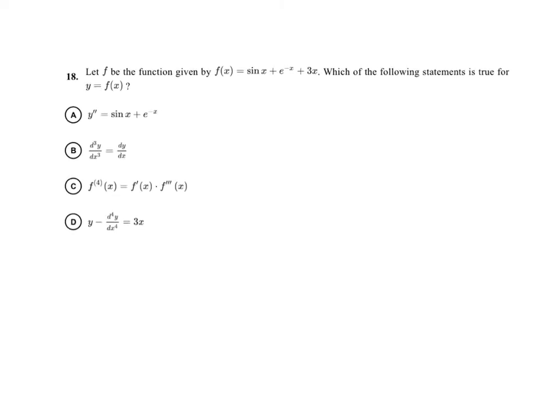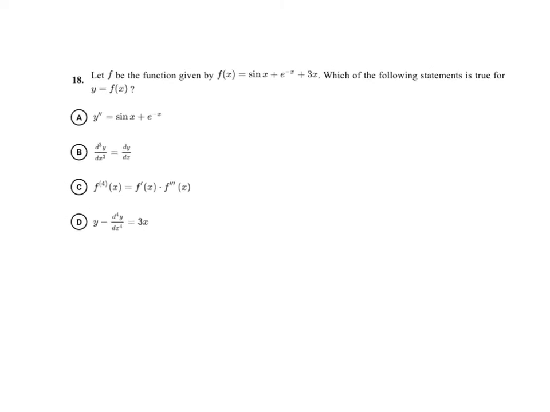Okay, last one here. Let f be the function given by that. Which of the following statements is true for y equals f of x? All right, so the answer choices. The first one just talks about the second derivative of the function. Part B is saying the third derivative equals the first derivative.